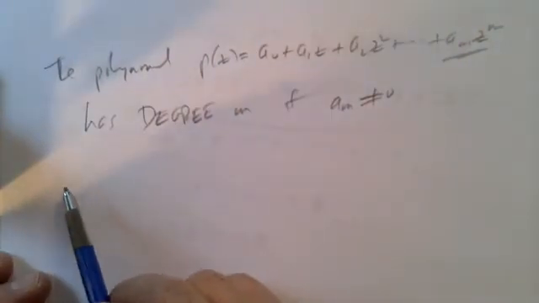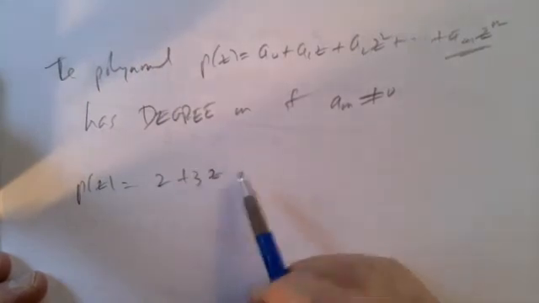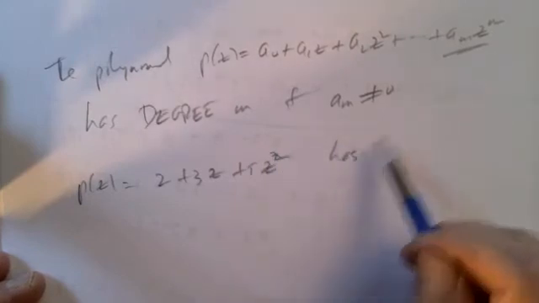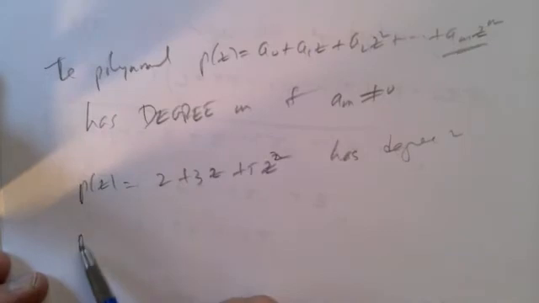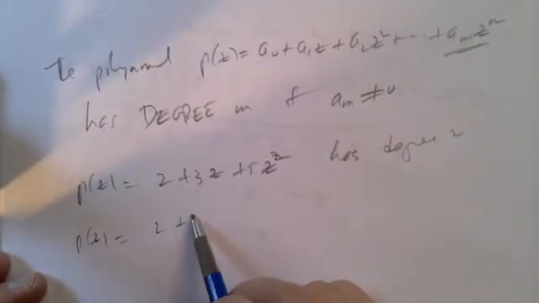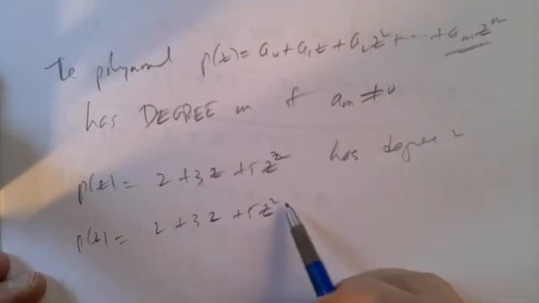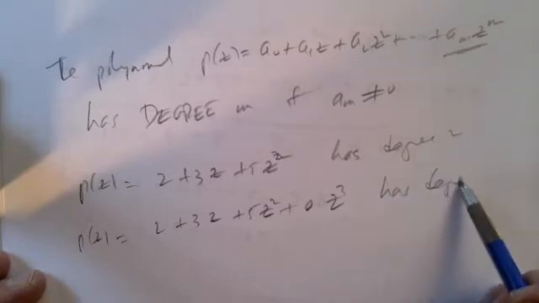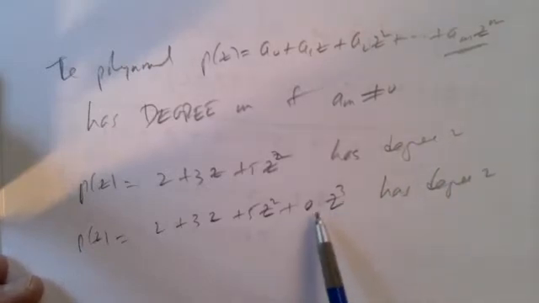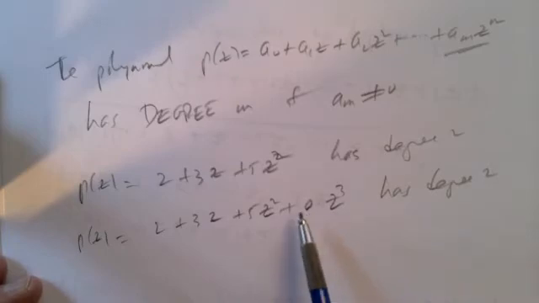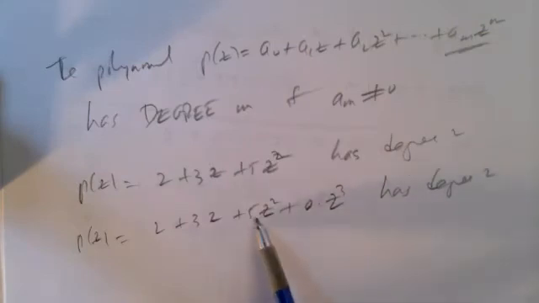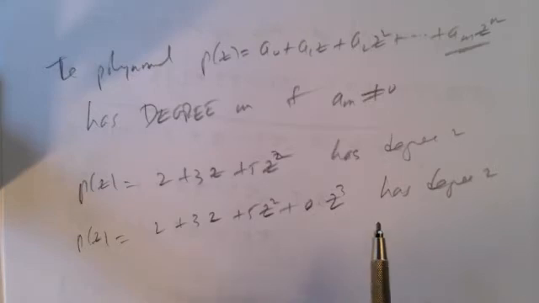So for example, P of Z equals 2 plus 3Z plus 5Z squared has degree 2. P of Z equals 2 plus 3Z plus 5Z squared plus 0 times Z cubed also has degree 2. It doesn't have degree 3 because this coefficient is 0. The degree is the highest power of Z that appears in the polynomial with a non-zero coefficient. So that's the degree.